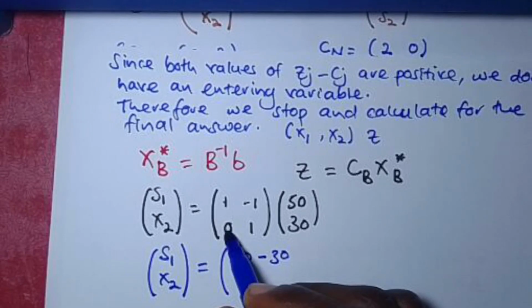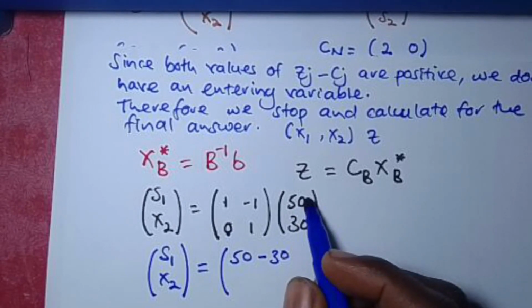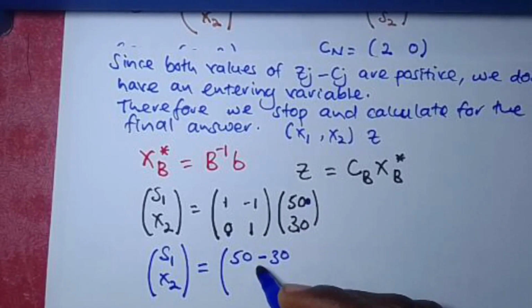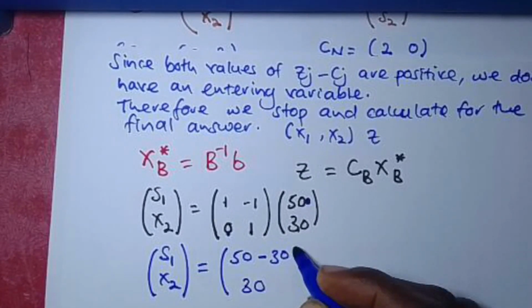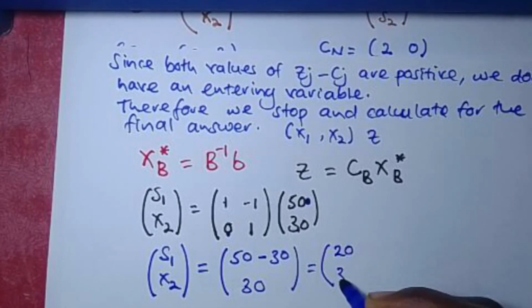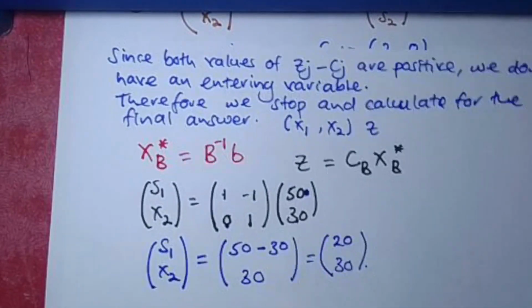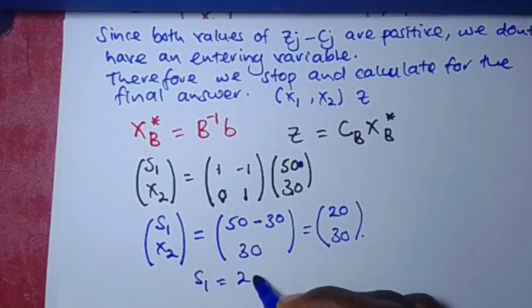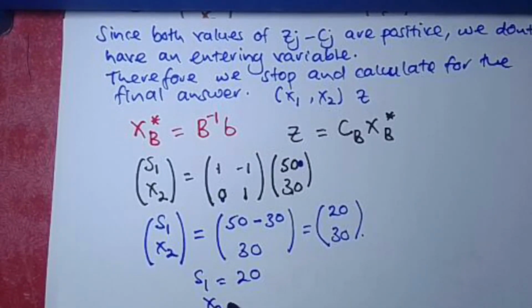Then down here we shall have 0 times this, which is 0, plus 1 times that to give us a 30. So here we shall have a 20 and a 30. So that means that our S1 is equal to 20 and X2 is equal to 30.